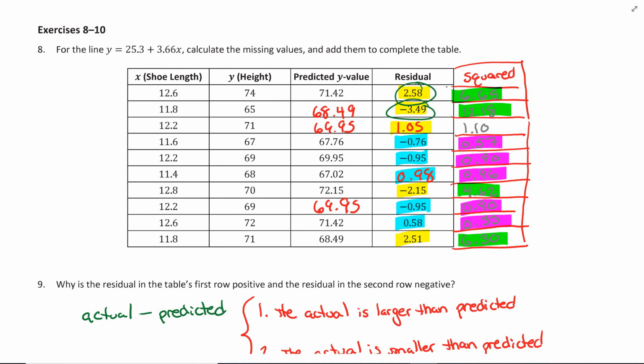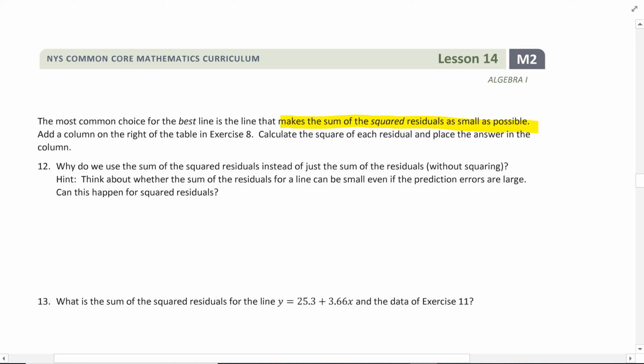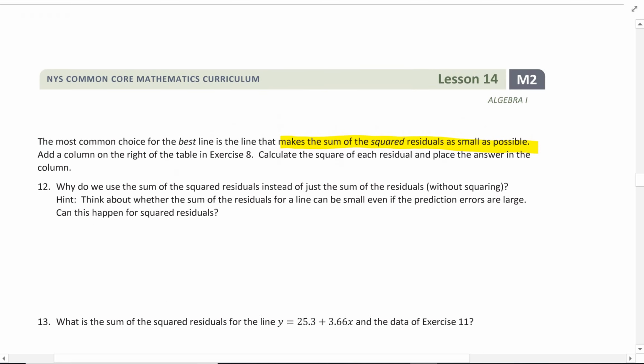So it's harder to hide. So basically what I'm trying to say, and bear with me as I go through this, is if you just add all the residuals, positive and negative residuals can affect one another. And you can get a small sum even if the residuals are large. But squaring the residuals gives positive values that still reflect how far the data points are from the line. So again, when you square them, there's no balancing out.